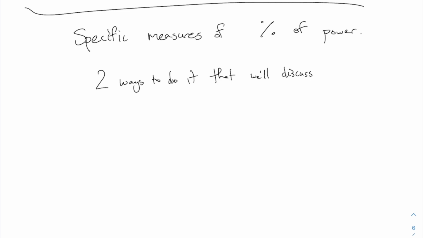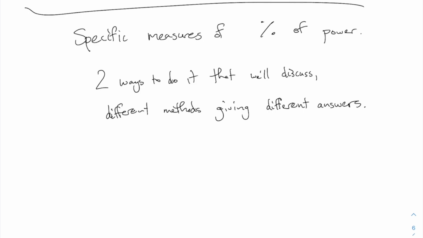So there's two ways to do it that we'll discuss. There are different methods giving different answers. Like when you measure these percentages of the power, oftentimes if you do it the one way, you'll get some percentages.